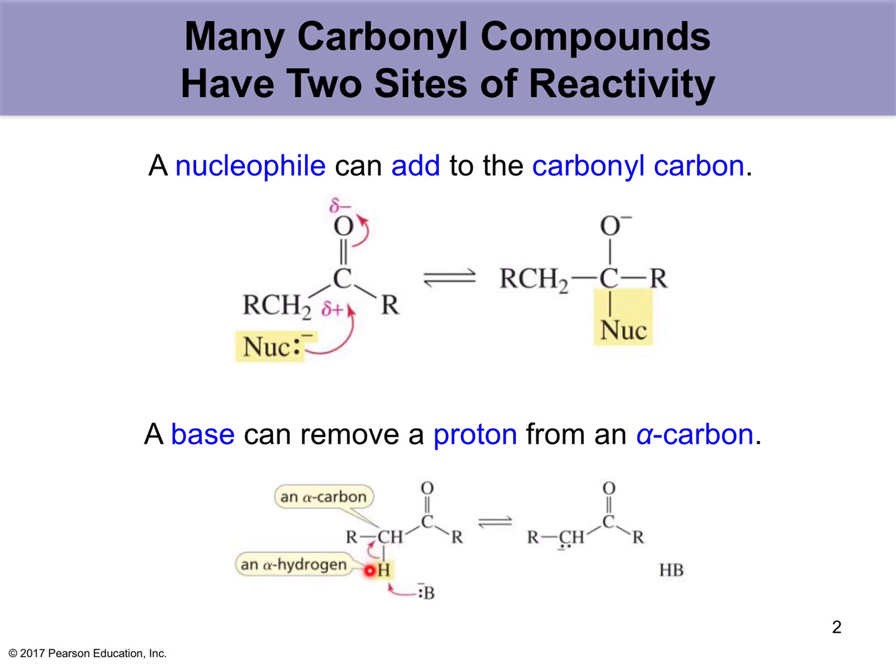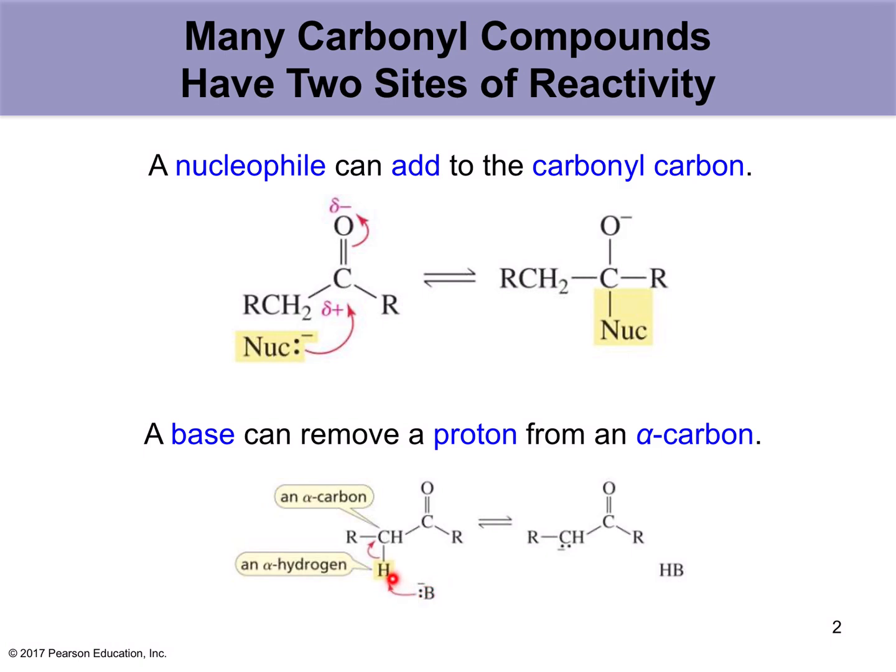So when you add a base, the base can take this acidic hydrogen. Once the hydrogen is taken, the two electrons in the bond go to the carbon. So then the carbon will become a carbanion, and it forms the conjugate base. So this is the base.